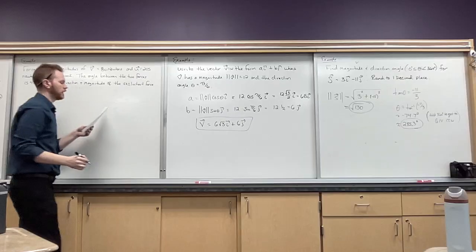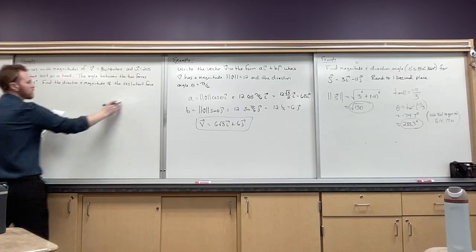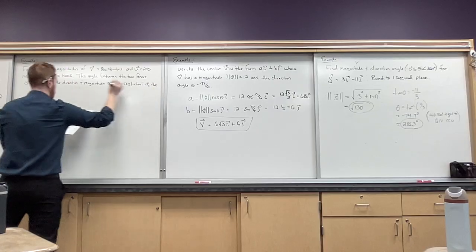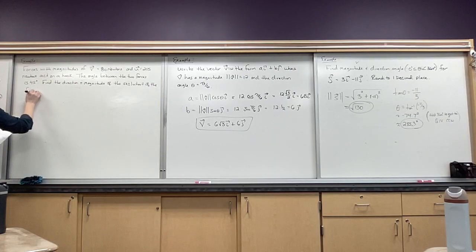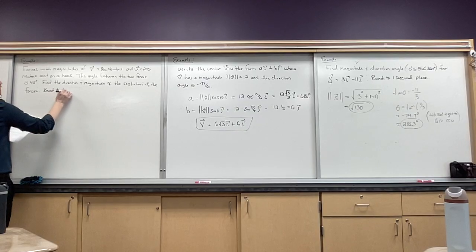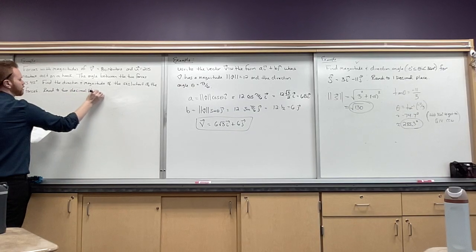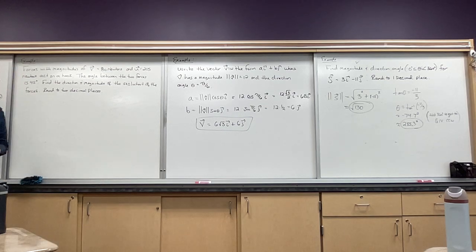Okay. Well, let me word that correctly. Resultant of these 2 forces. And then we'll round to 2 decimal places. Now, if you do take a physics class, at least you have some knowledge on how to do something similar to this. So here's the picture, and again, this will be given to you.